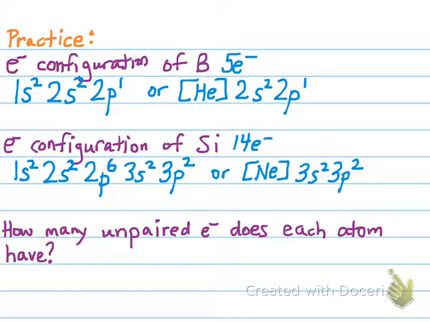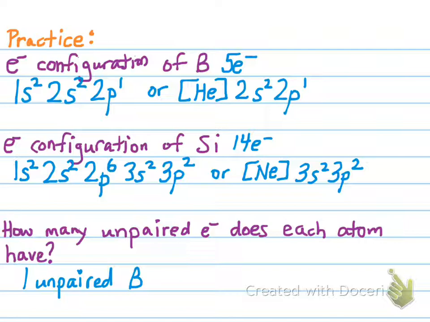The question about how many unpaired electrons does each atom have? Well, for boron, it has 1 unpaired electron, because that electron in the p orbital here is all by itself. Now with silicon, that looks a little bit tricky, because it looks like there might not be any, but remember, according to Hund's rule, I have to put 1 electron into each p orbital before I start to double up.